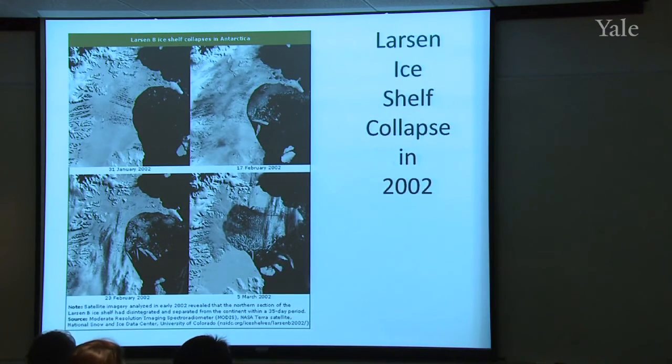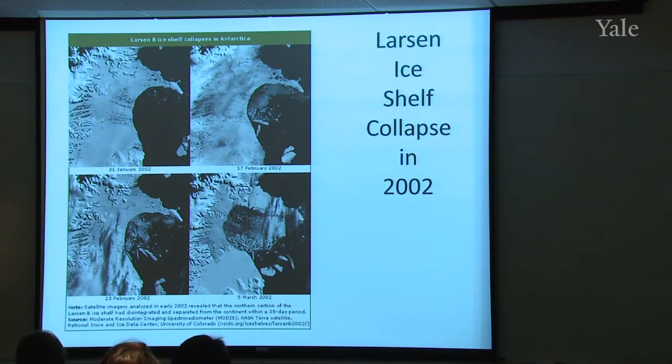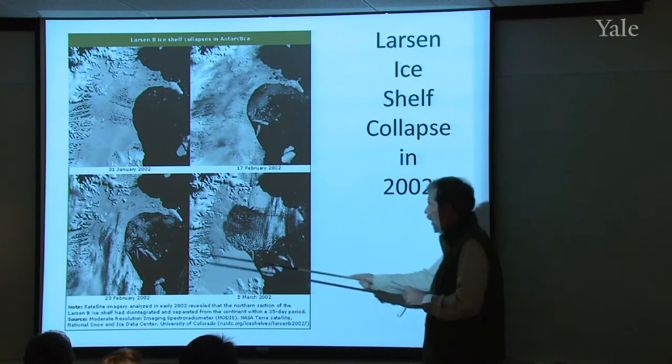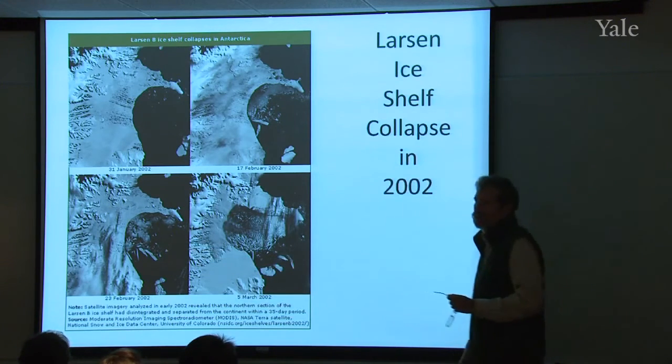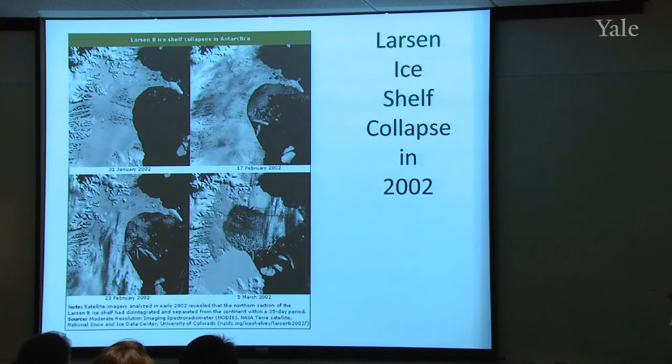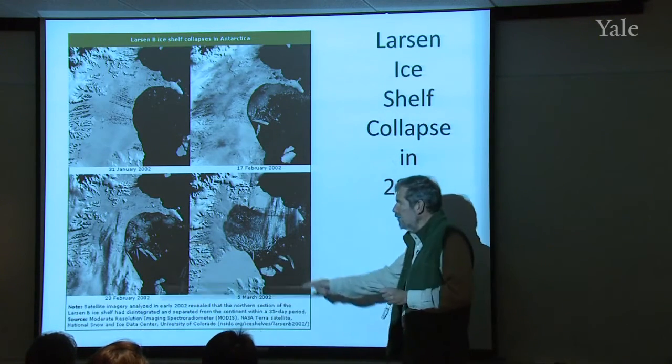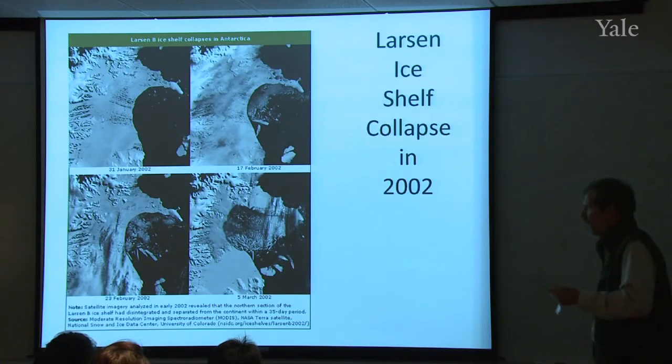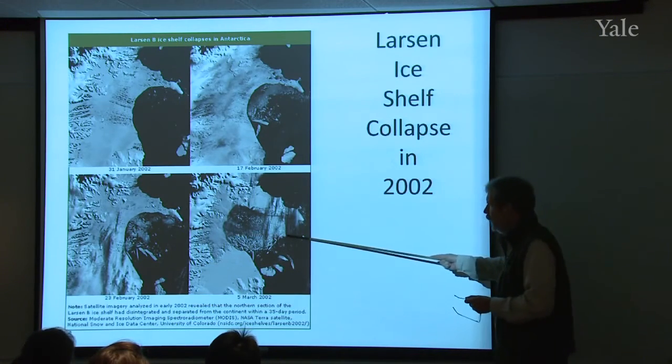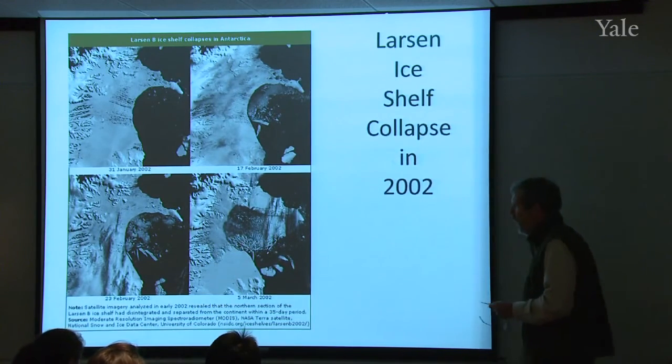There's some argument in the scientific literature about the significance of the sudden loss of an ice shelf like this. Some would say, well, it doesn't really mean anything because that ice has already left the continent. It's already floating over the sea, and it'll be replaced. In other words, in the natural flow of things, even in a steady state climate, this ice has to be replaced by new ice coming off the land.